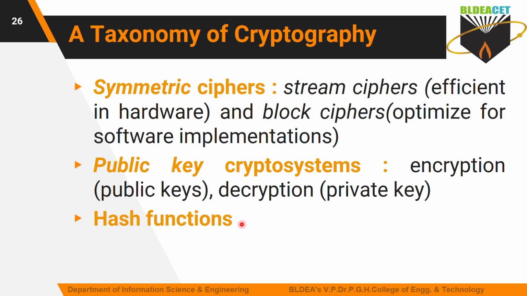The third taxonomy of cryptography is the hash function, generating a hash key for your plain text message. Your message may have varying length, but it generates a fixed size hash key.